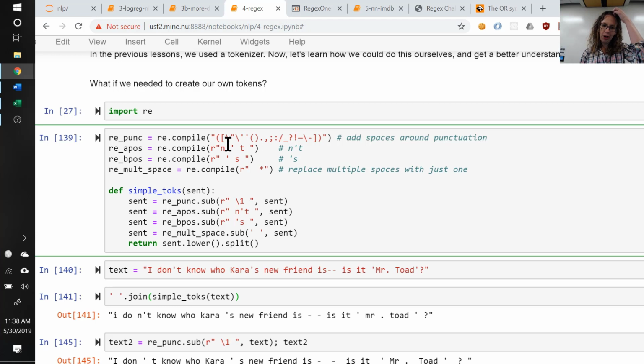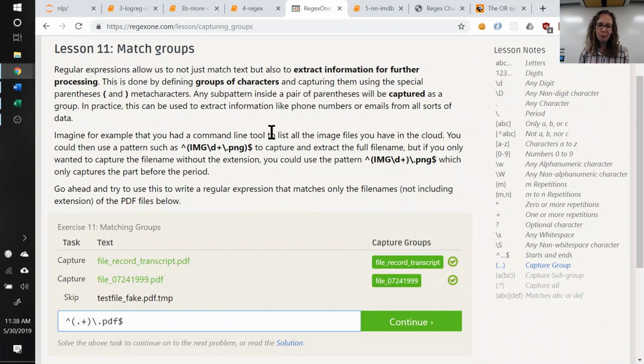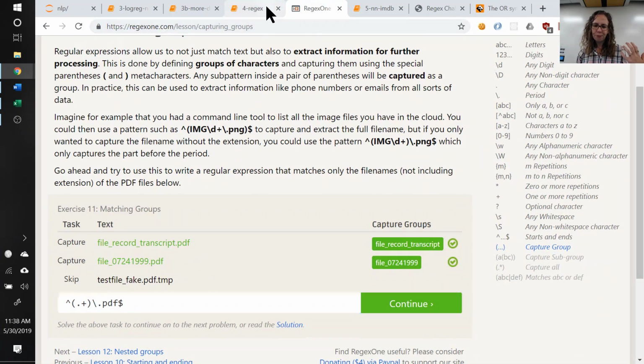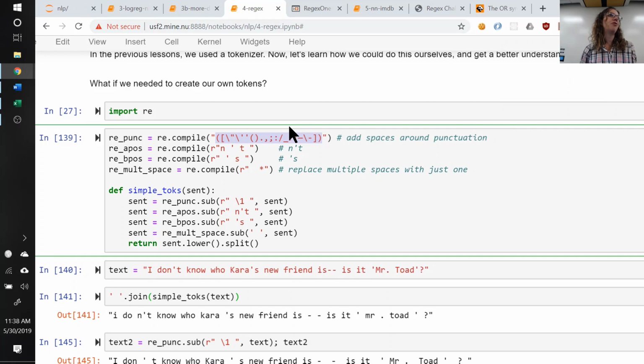So for the punctuation one, we have parentheses around the outside, and that indicates a capture group. So we have captured what that piece of punctuation is, and so we're saying, if you found a dot or a colon, put back in a space, what you captured, which would be the colon, and then another space.